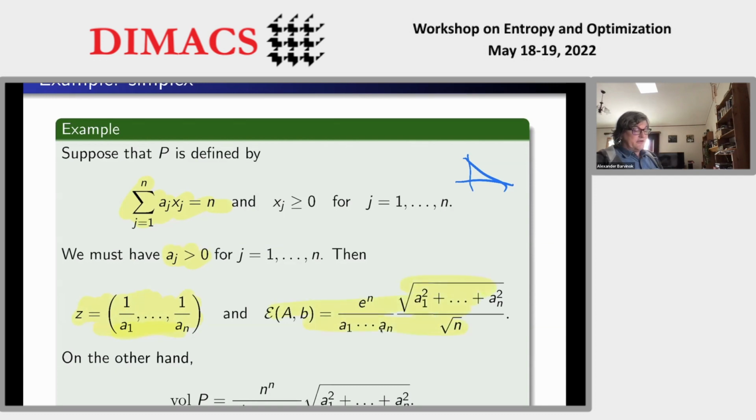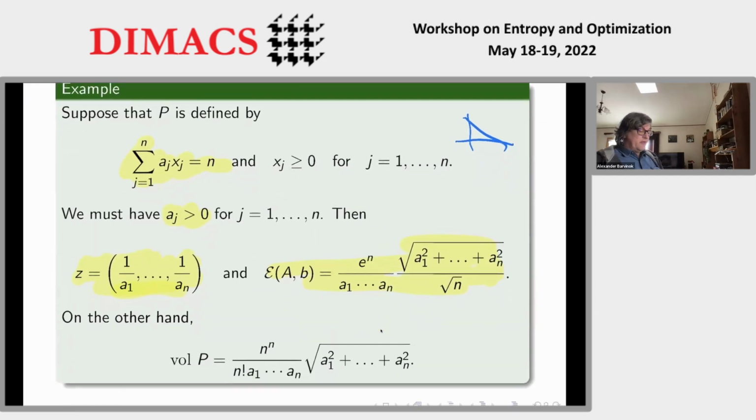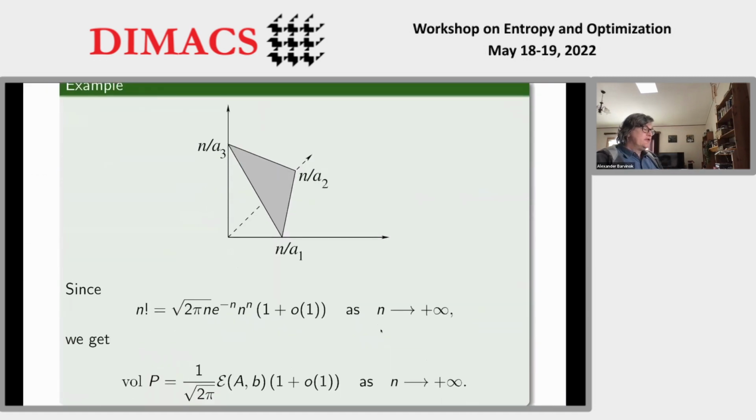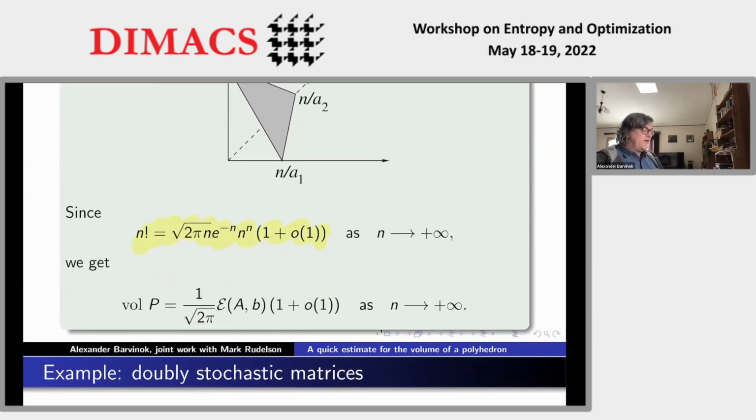Let's get some expression. On the other hand, we all know how to compute the volume of a simplex, and that's the exact formula, which looks suspiciously close to the approximation. In fact, if we use Stirling's formula here, then the volume is within a constant, as promised.